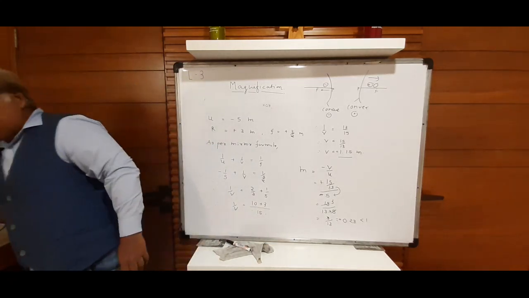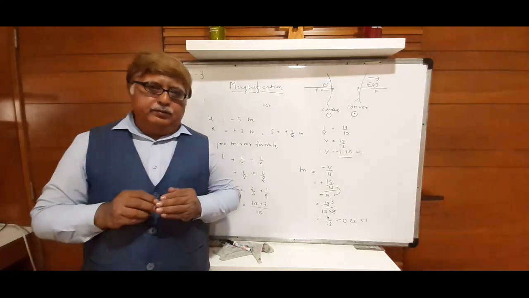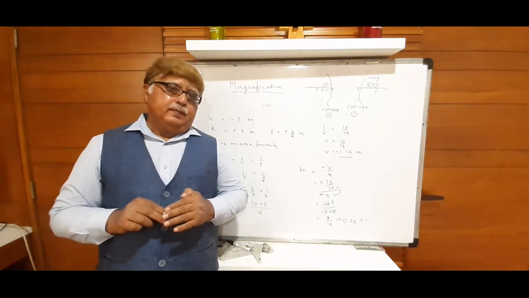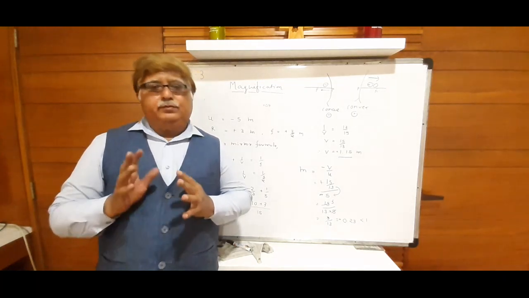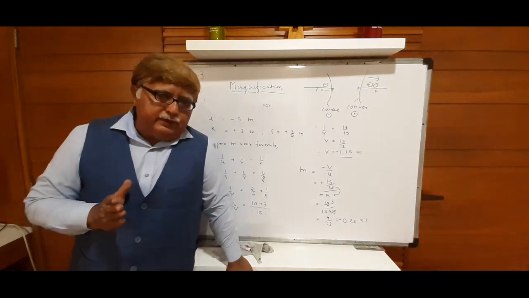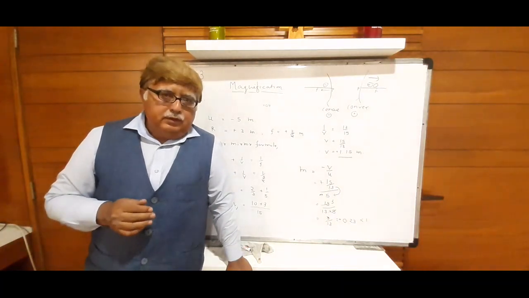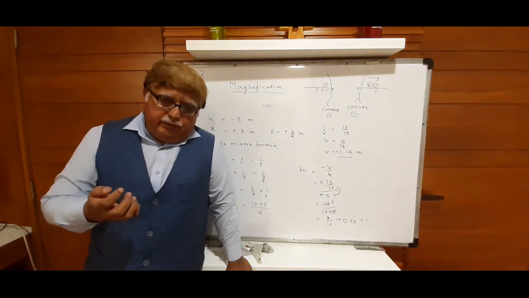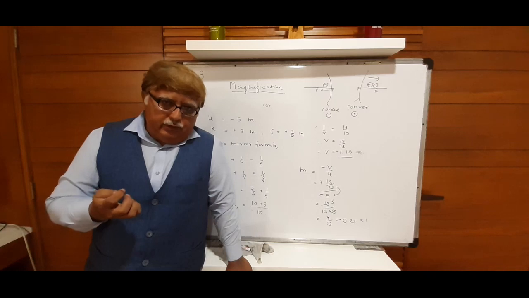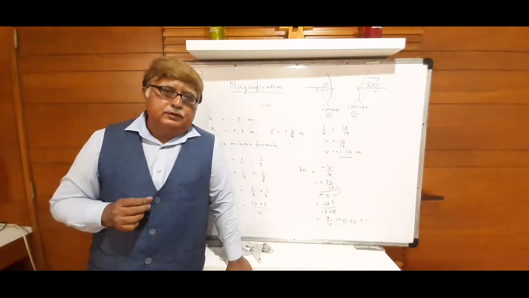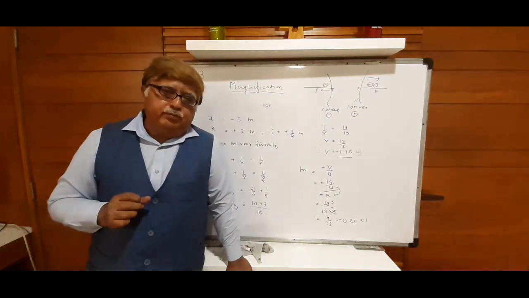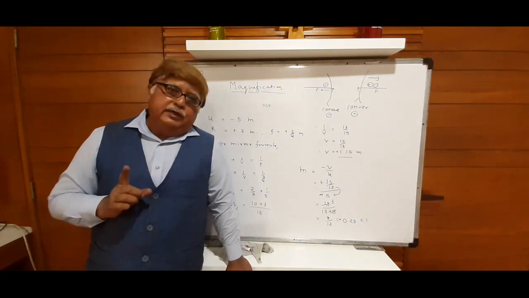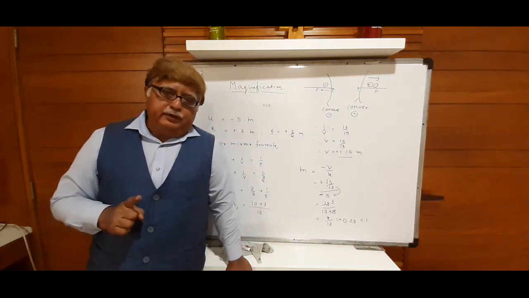An object. Just write down. An object of size 4 centimeter is placed 25 centimeter away in front of concave mirror of focal length 15 centimeter.